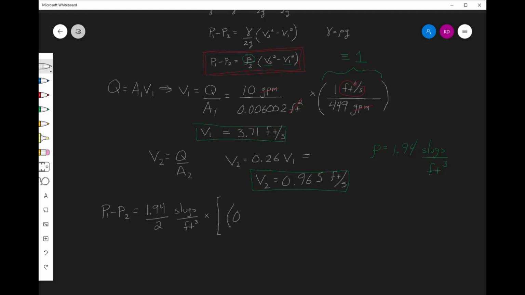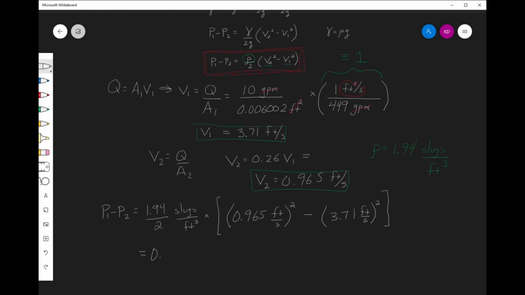So that's times 0.965 feet per second squared minus V1 squared, which is 3.71 feet per second quantity squared. So 1.94 over 2 is 0.97.